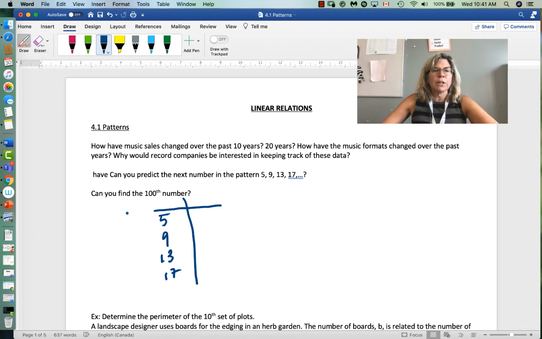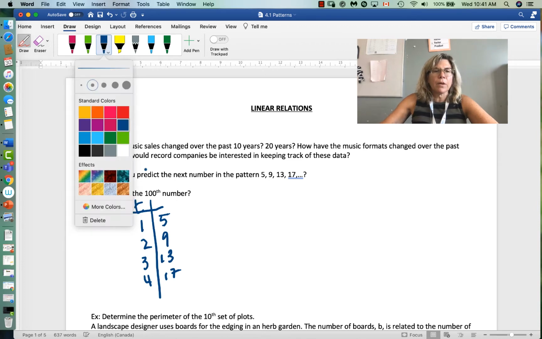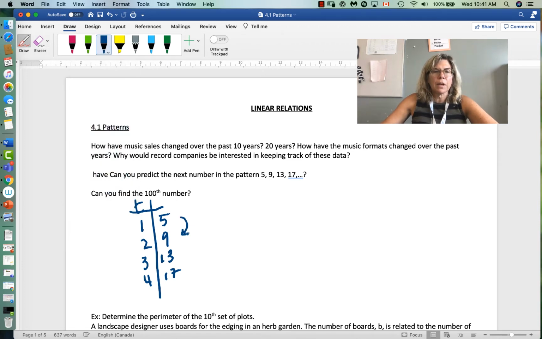Okay, so term, let's see, oopsie, I did that wrong. Term, I was distracted. 1, 2, 3, 4. And we know that it's going up by 4. So we know it's going up by 4.